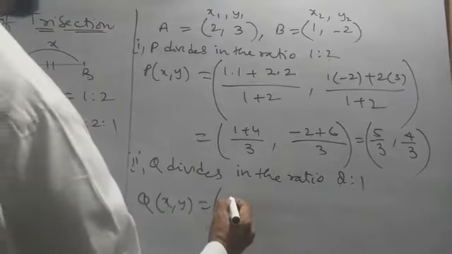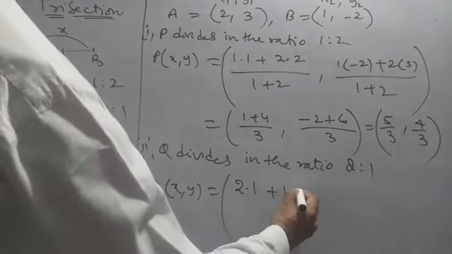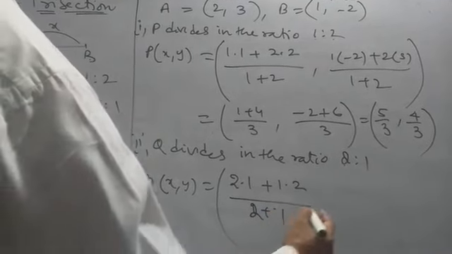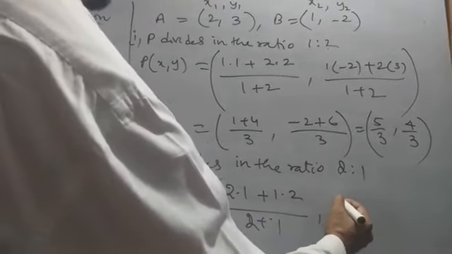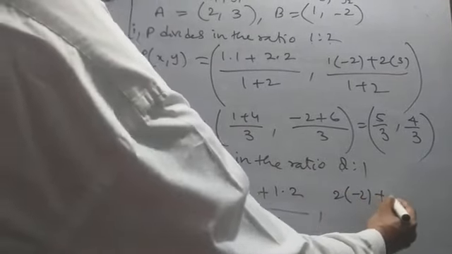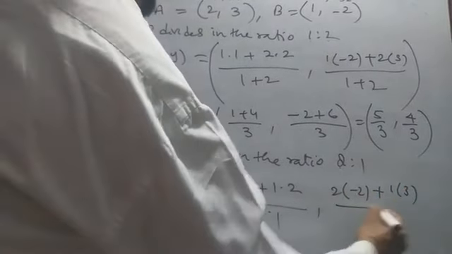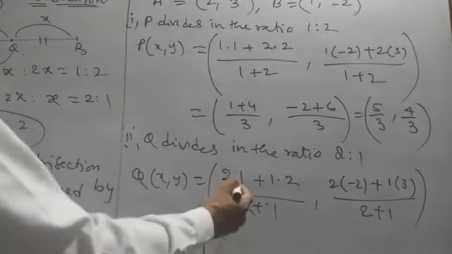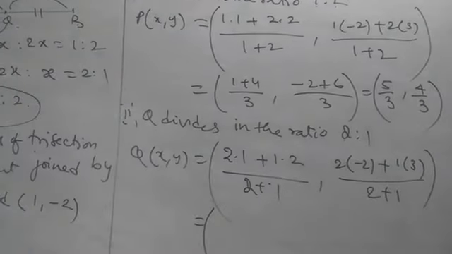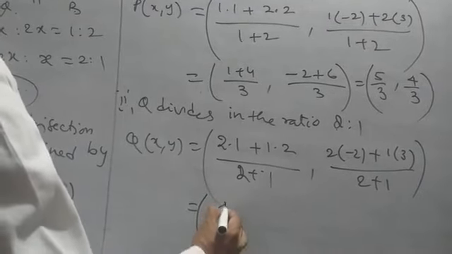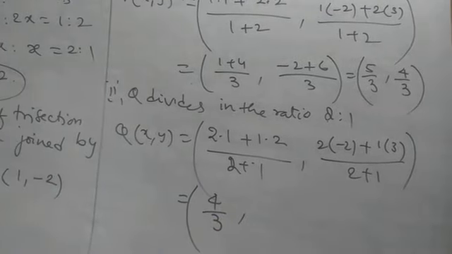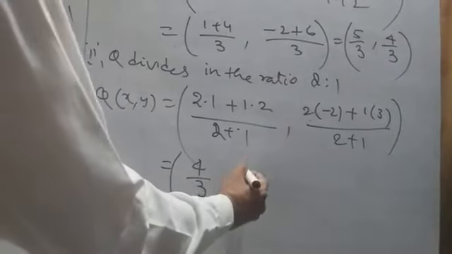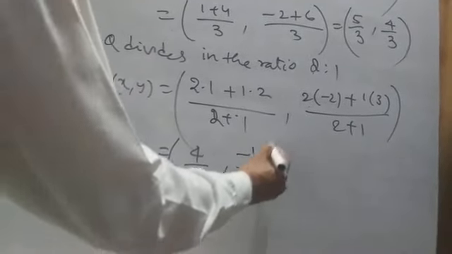So (2 into 1 plus 1 into 2) by (1 plus 2), and (2 into -2 plus 1 into 3) by (2 plus 1). That is nothing but (2 plus 2), this is 4, so 4 by 3, comma (2 into -2, that is -4, and plus 3), so -1 by 3.